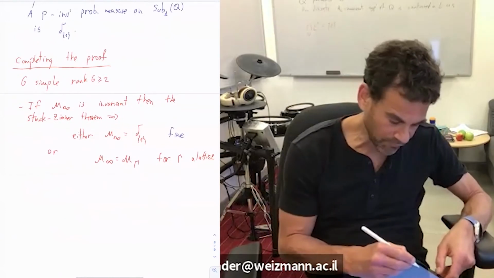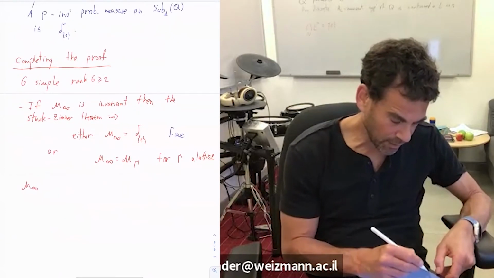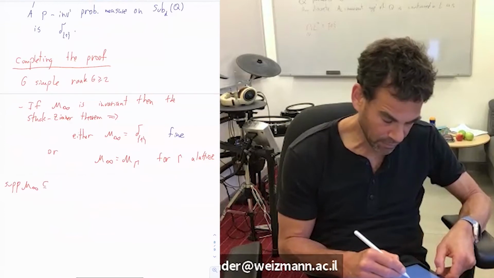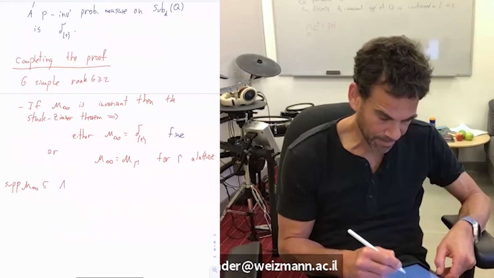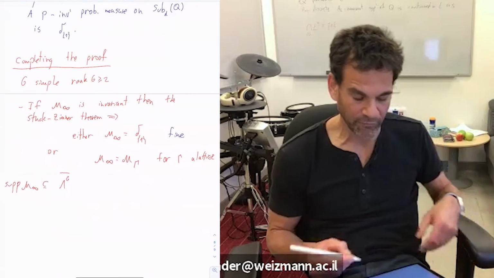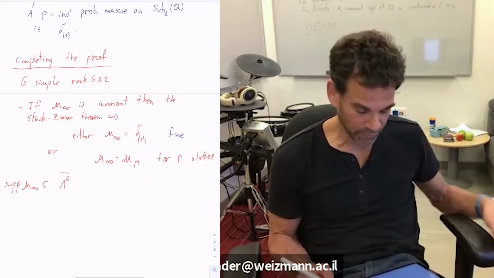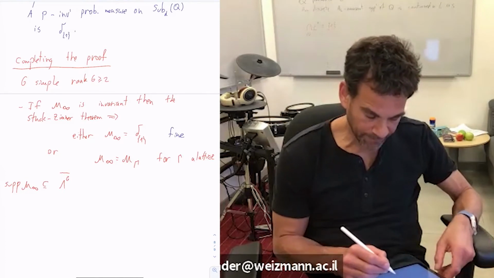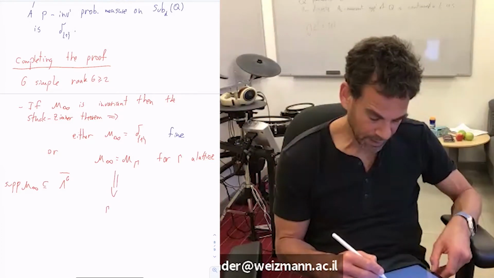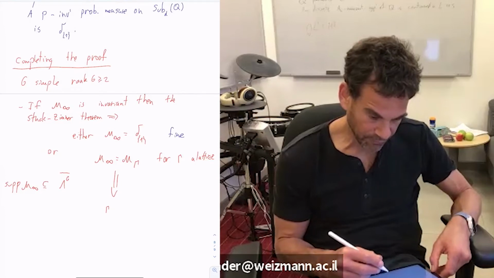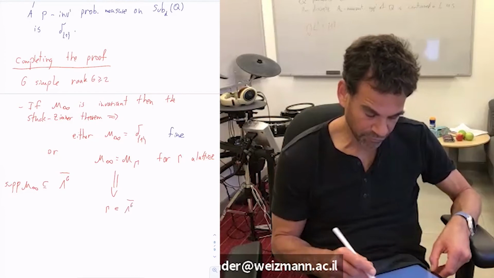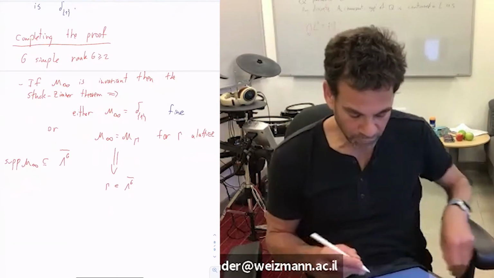So by the way, mu infinity is always supported on the conjugacy class of lambda. If we start with lambda and you do this random walk, you always stay in the conjugacy class of lambda, and in the limit you will be in the closure of the conjugacy class of lambda. So that implies that the lattice gamma is contained in the closure of the conjugacy class of lambda. So you can approximate gamma by conjugates of lambda.